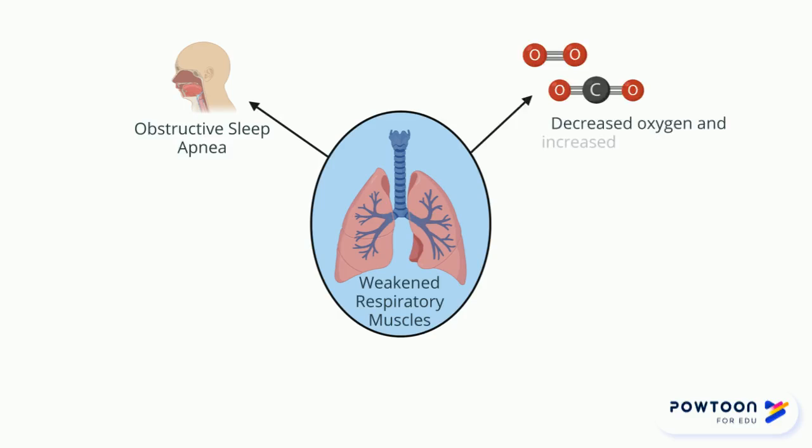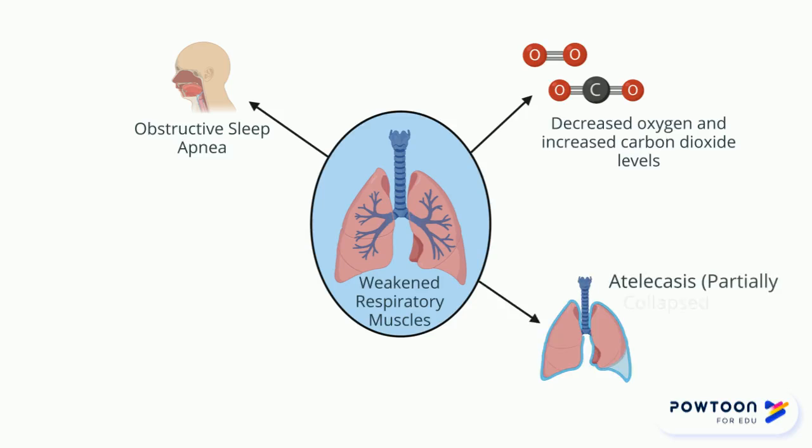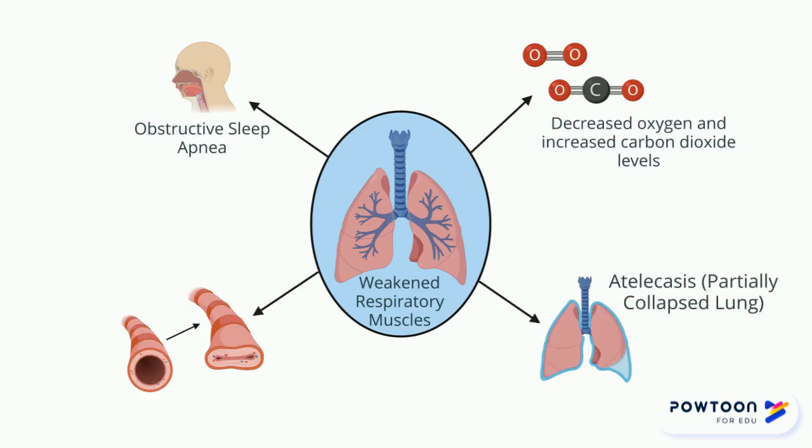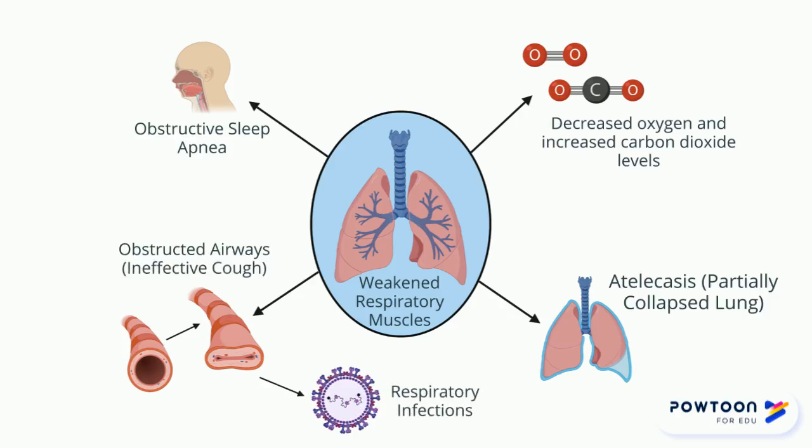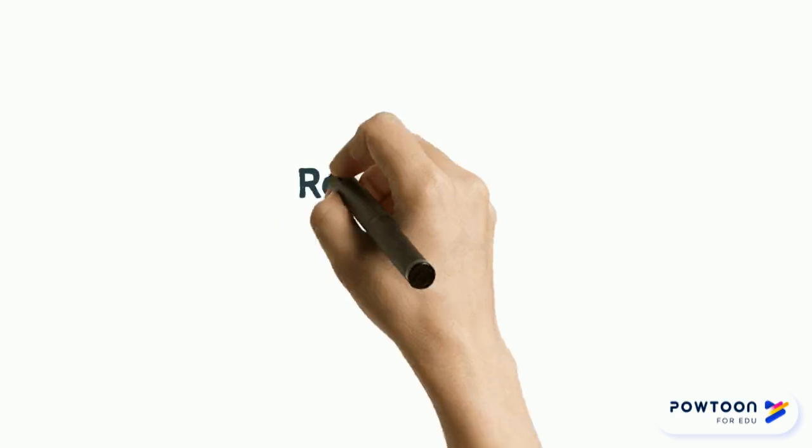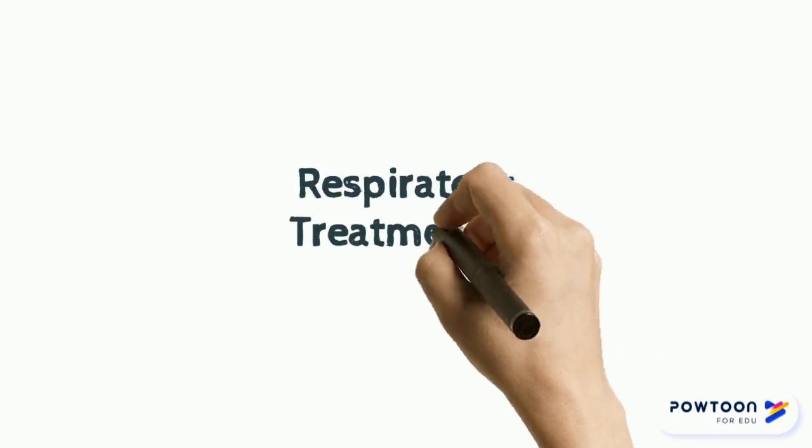Eventually, the respiratory muscles will weaken to the point where this also occurs during the day. Other problems include atelectasis, or a partially collapsed lung, and obstructed airways, which can lead to respiratory infections, such as pneumonia.